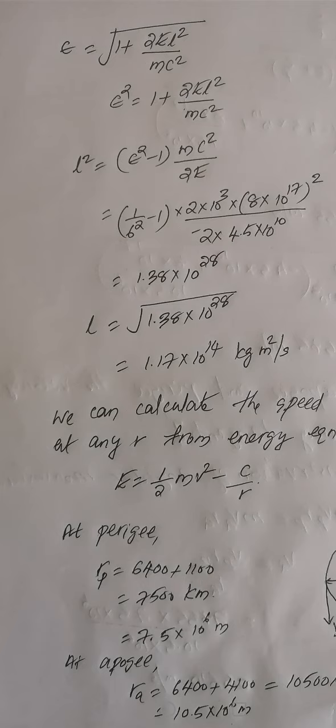Now we want to calculate the speed at perigee and apogee. We can calculate the speed v of the satellite at any distance r from the energy equation that we learned while we were discussing planetary motion in the earlier classes.